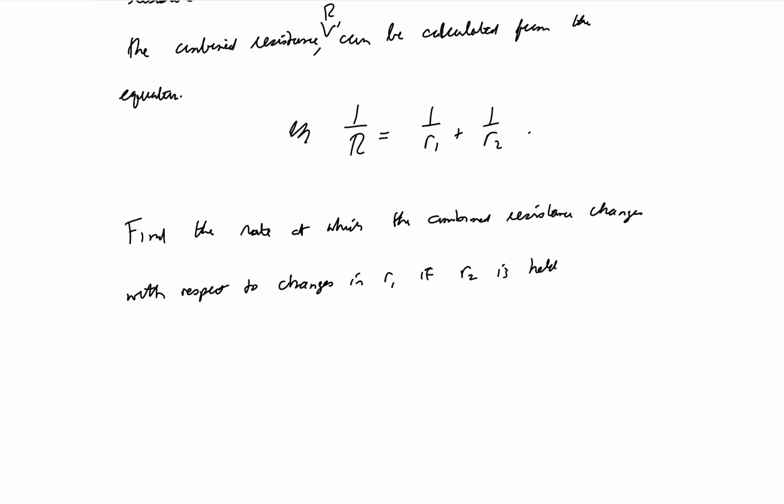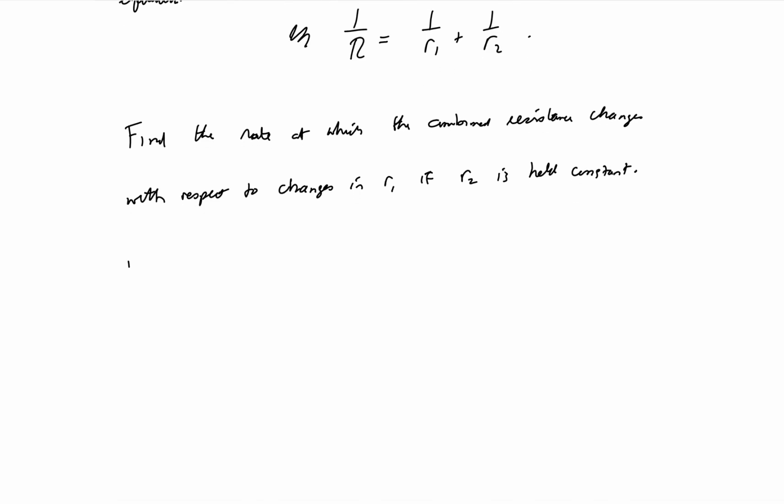So we're only going to change the resistance of one of the resistors. Okay, so let's just note what we want to find. Well, I want dR over dR1. So that's what we're looking for here.